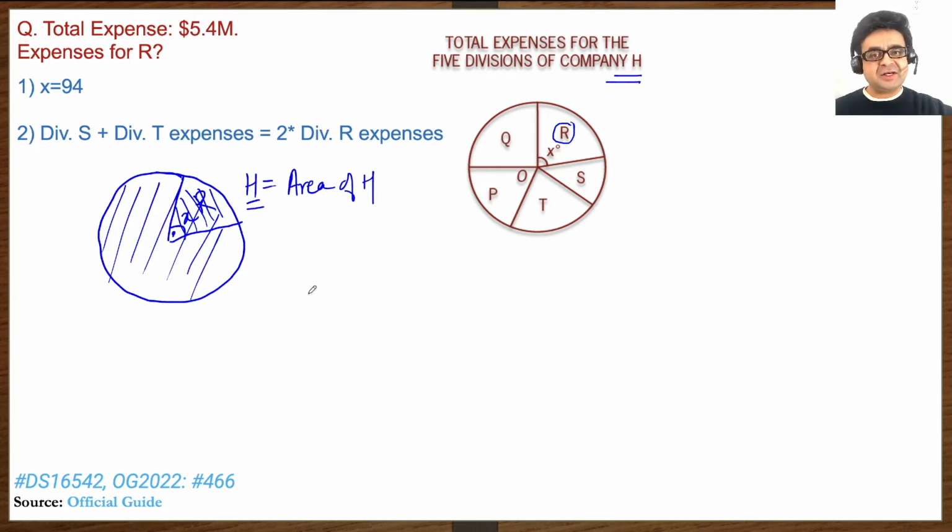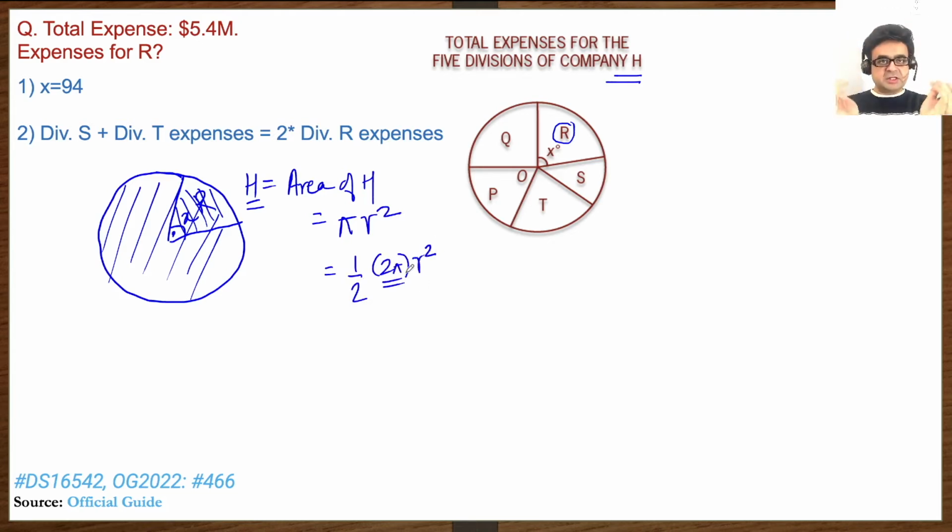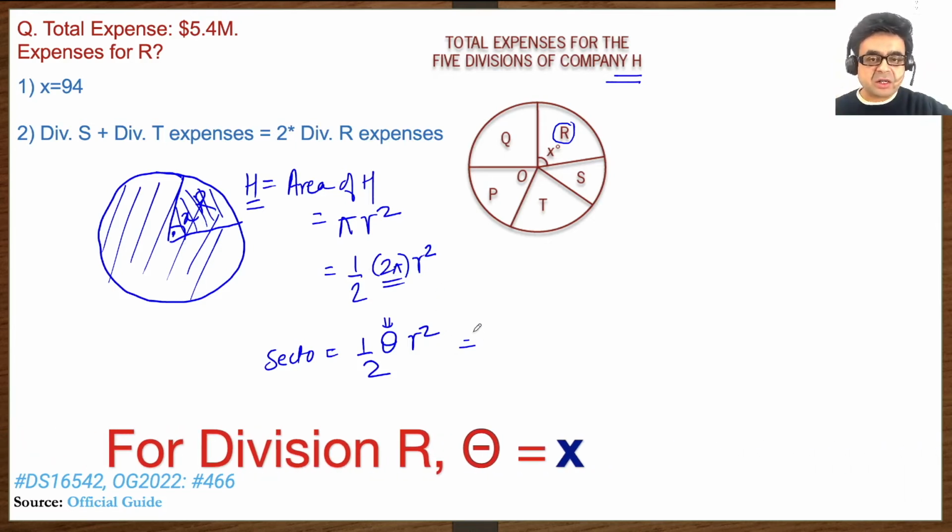And how are they related? Let's see. The area of the circle is equal to pi R squared, which is actually equal to half multiplied by 2 pi R squared, 2 pi being the 360 degrees of the circle. The area of the sector is given by half theta R squared, where theta is the angle subtended by the sector at the center, or the central angle of the sector. For division R, we have half x R squared.